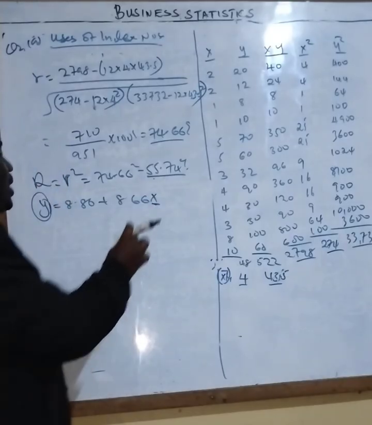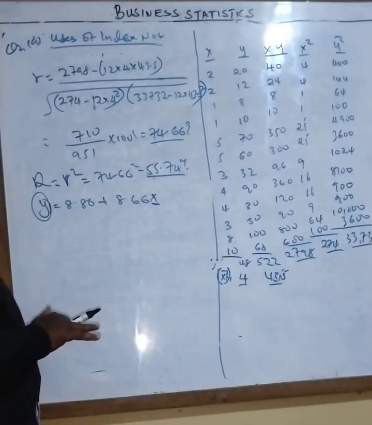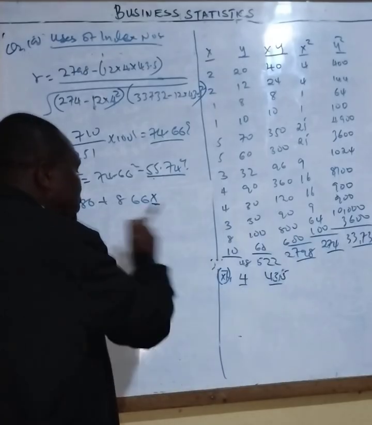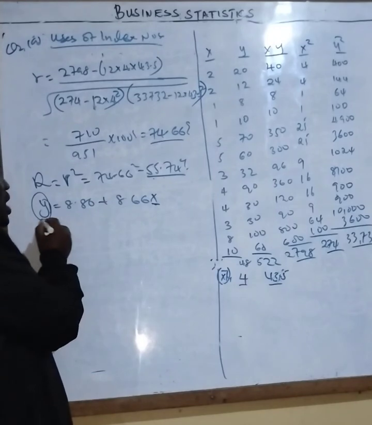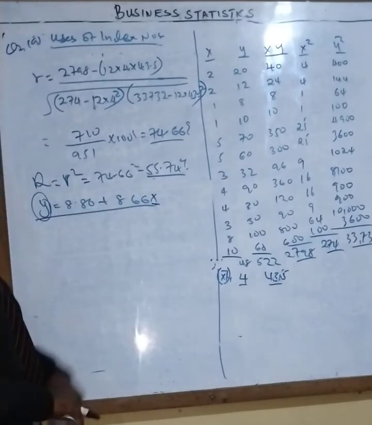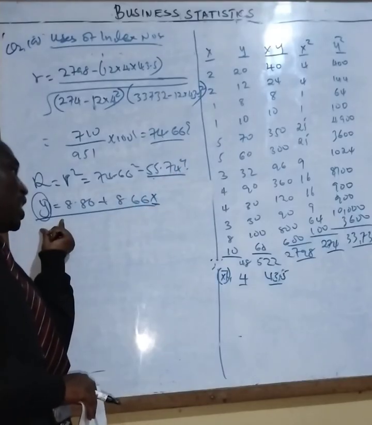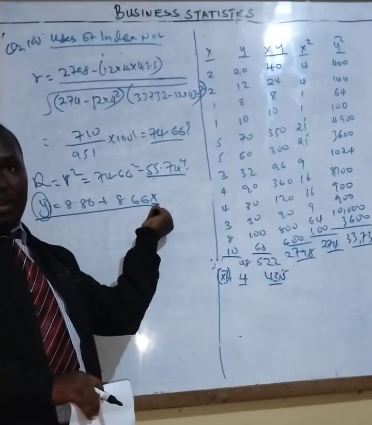So meaning that this independent value x here can explain the relationship between the independent and dependent sides. So in this case now, it is explainable that 55.74% of the dependent variable can be explained by the independent variable.